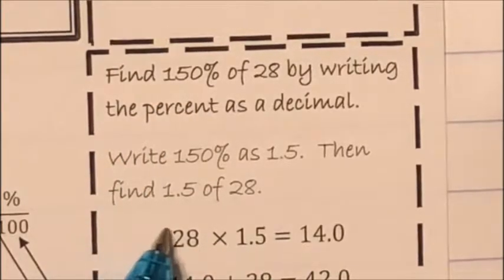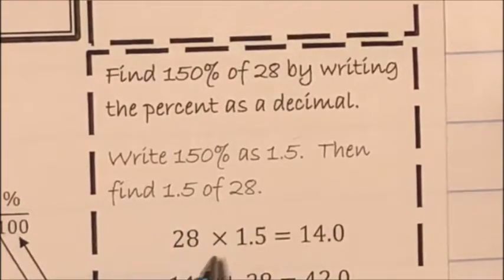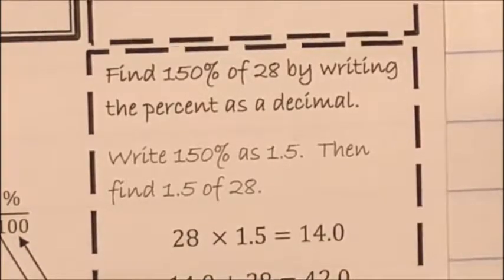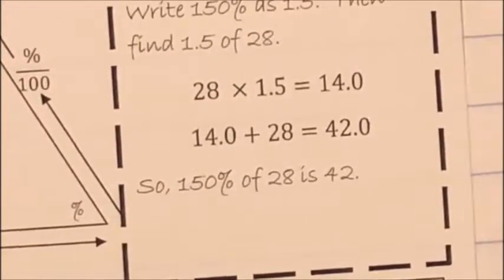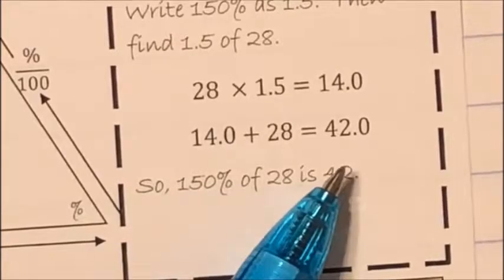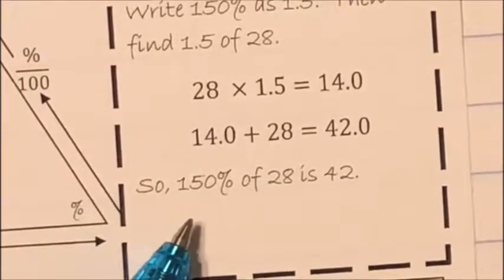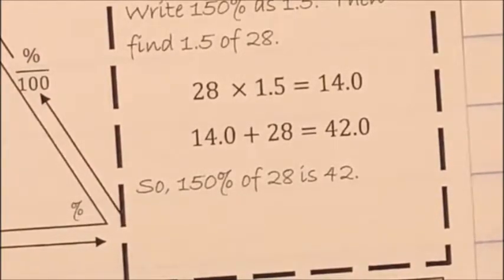So then find 1.5 of, remember that magic word, of means multiply, 28. 28 times 1.5 equals 14. So then I add 14 plus 28 equals 42. So 150% of 28 is 42.